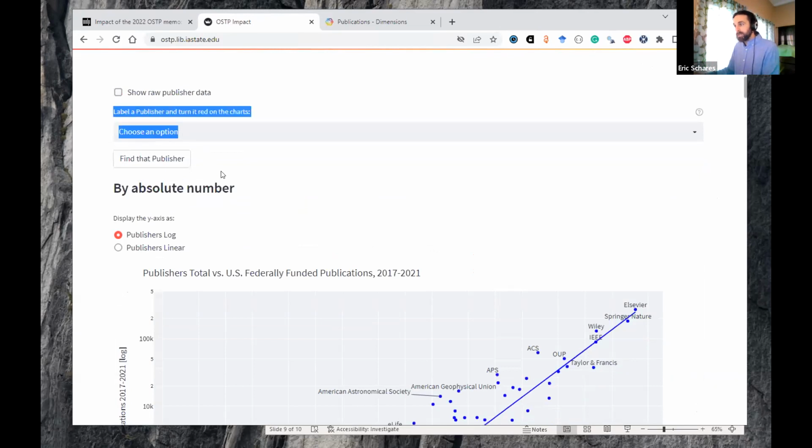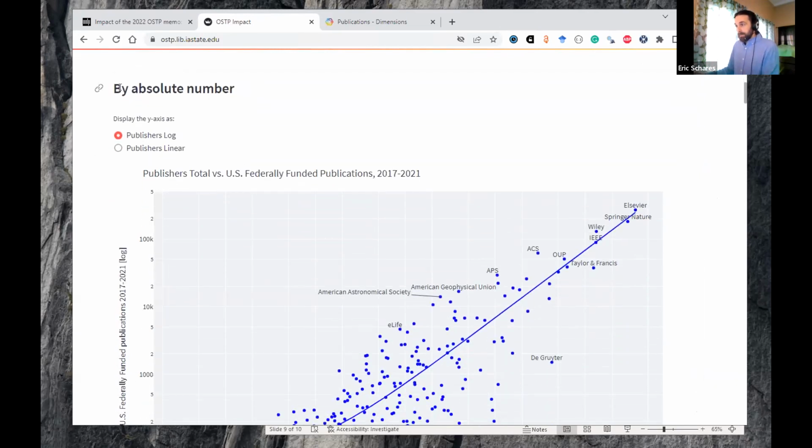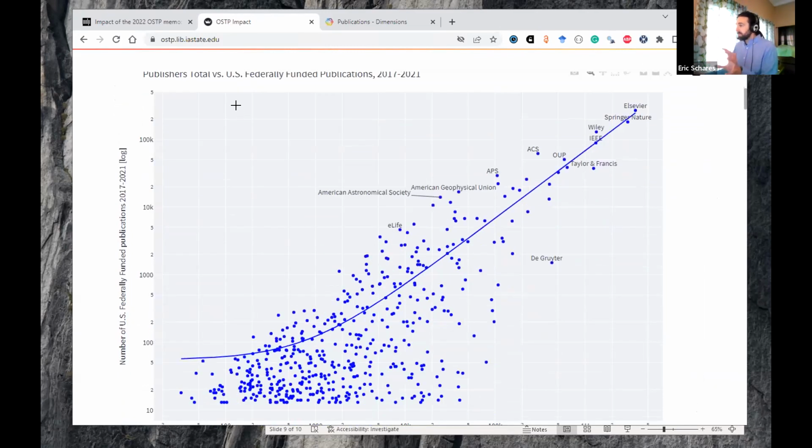This part I'll talk about in just a second. But now let's first look at it by absolute number. This is the exact same graph that I built slide by slide in the first part of the talk. The only difference now is everything is live. So I can roll around and look at what this publisher is.